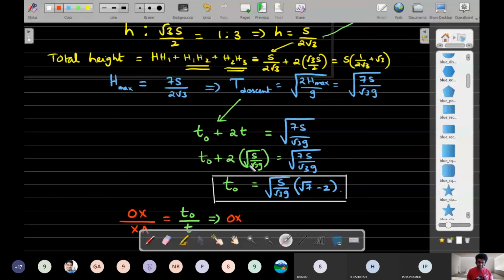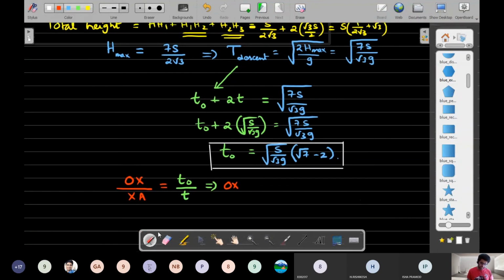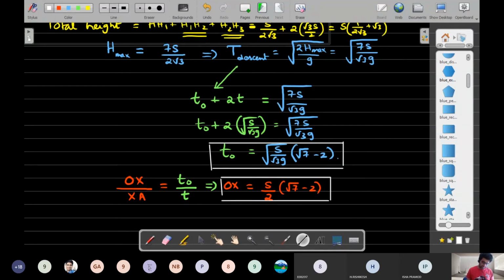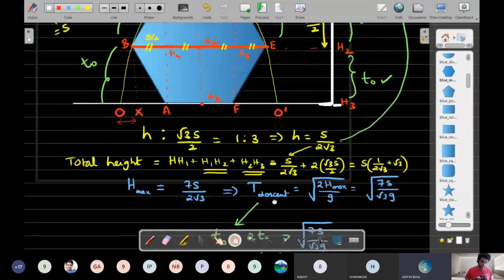I need to take. So can you see that this green root of S by root 3g and this outside one will just get cancelled, leaving out the ratio of this number. That's why this was very important factor. Okay, right? So which means it is equal to XA, which is nothing but S by 2 times of root 7 minus 2. Okay, right? So we ended up here as of now. Okay, so we got OX now.